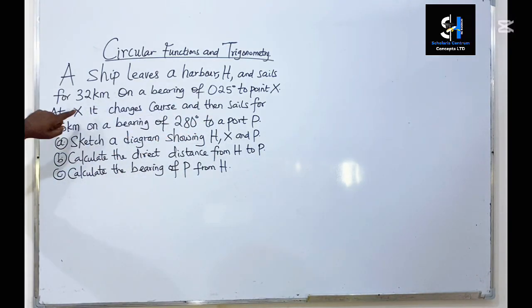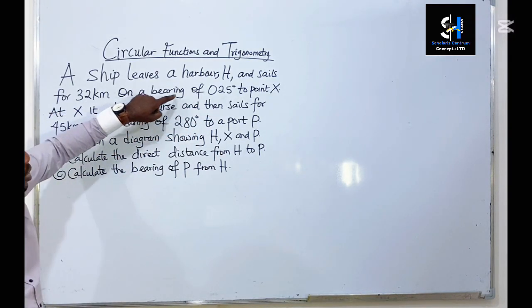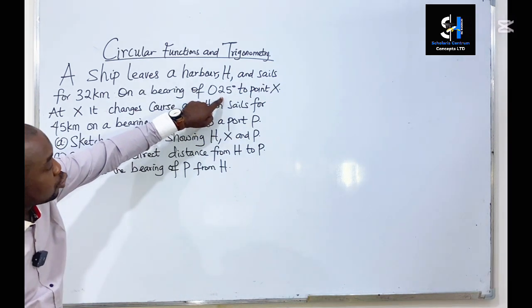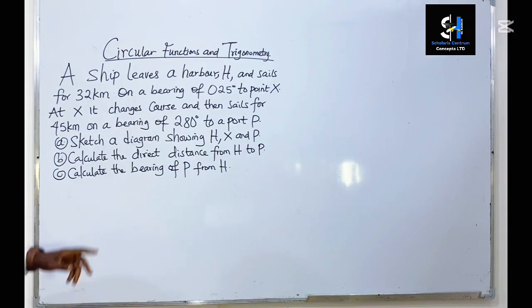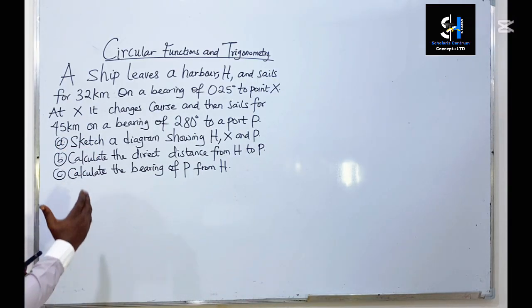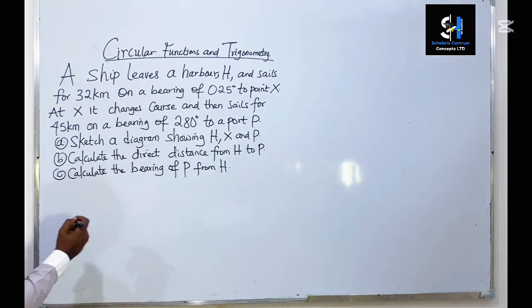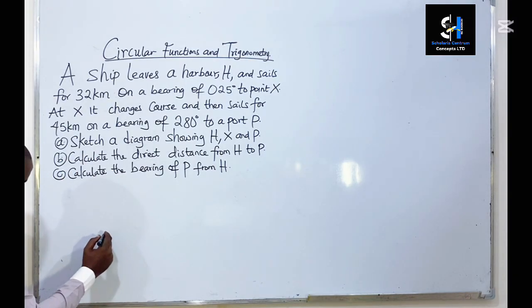Let's start with 32 kilometers on a bearing of 025 degrees to point X. That means a ship leaves a harbor. So in this case, it's going to be this way.